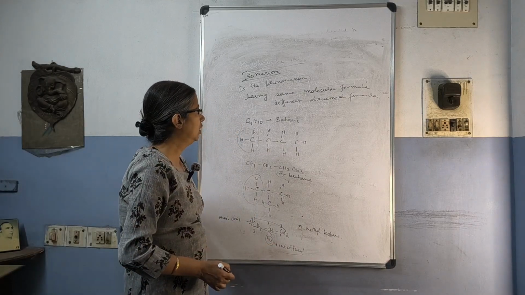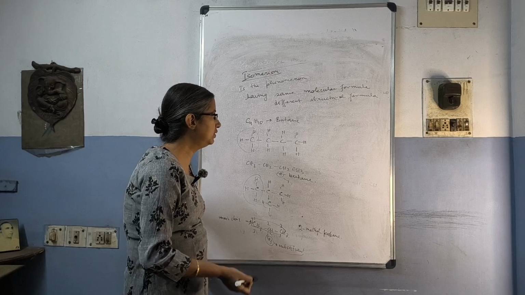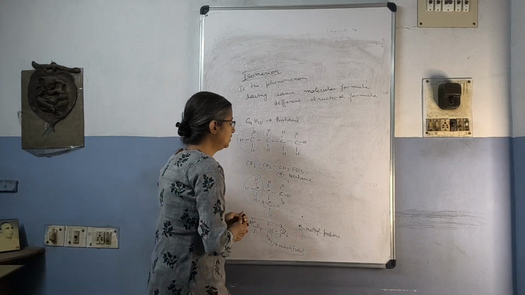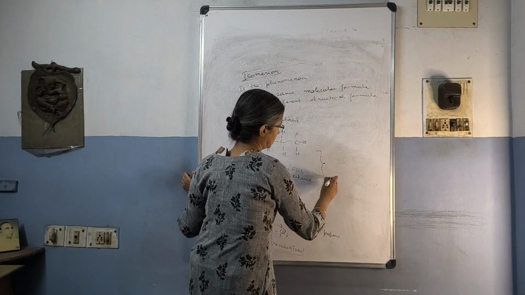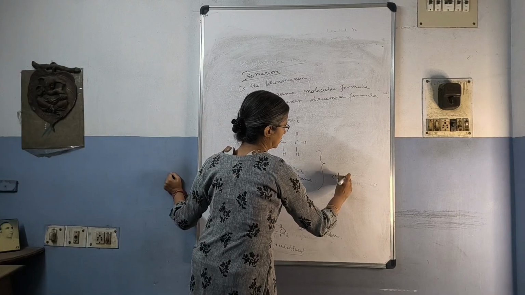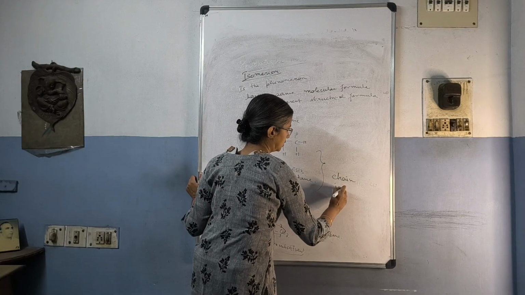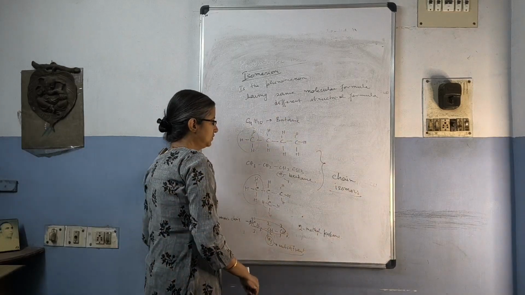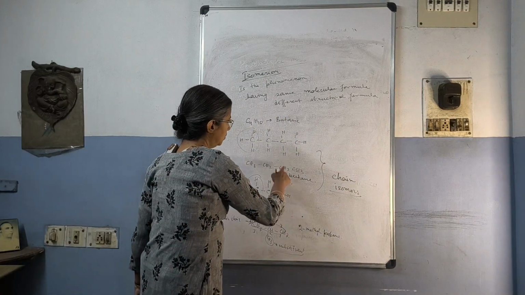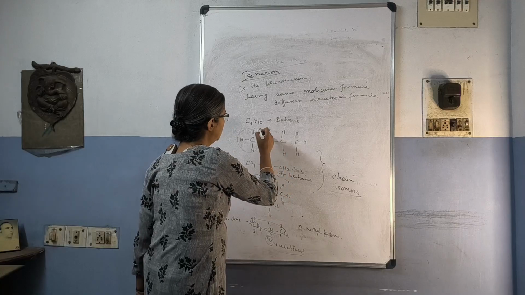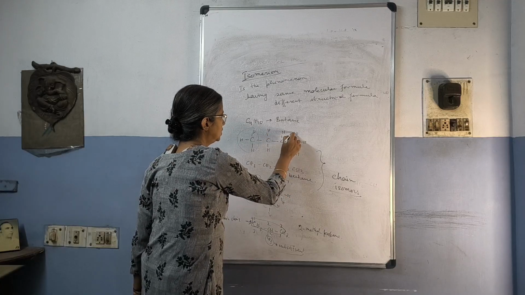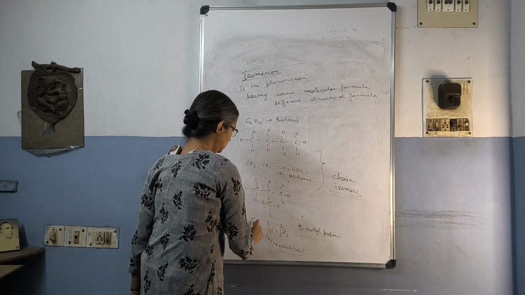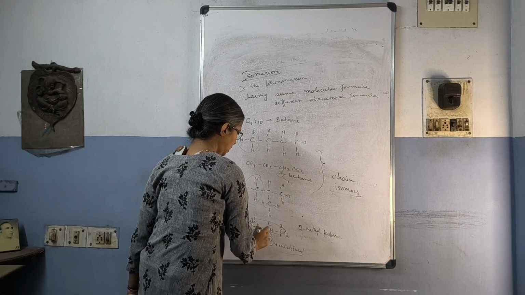Then in this way we will have C5H12, which can also have isomers. These are all called chain isomers. Chain isomers. There is a difference in the chain. See, this is C4H10, and here also C4H10.